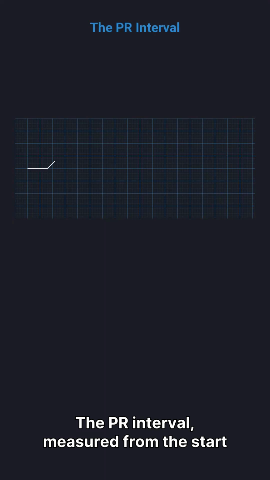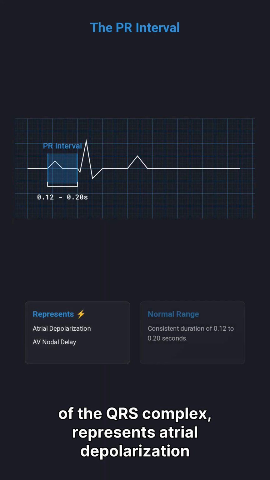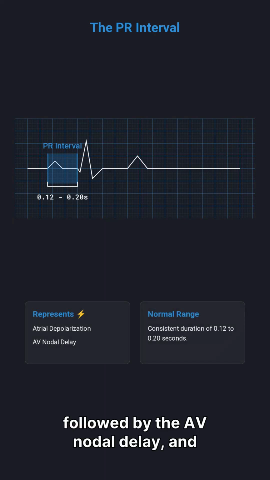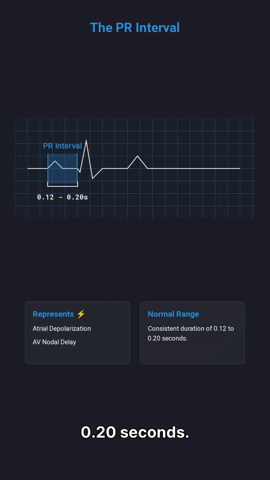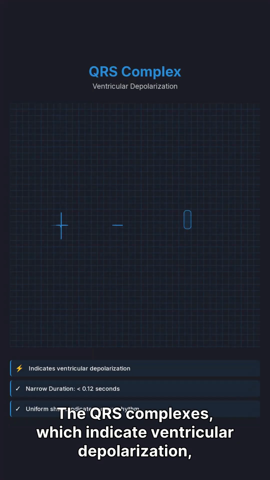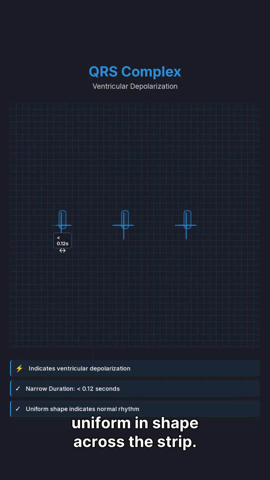The PR interval, measured from the start of the P wave to the start of the QRS complex, represents atrial depolarization, followed by the AV nodal delay, and it should remain consistent between 0.12 and 0.20 seconds. The QRS complexes, which indicate ventricular depolarization, should be narrow, typically less than 0.12 seconds, and uniform in shape across the strip.